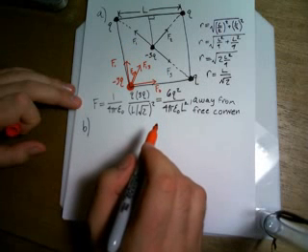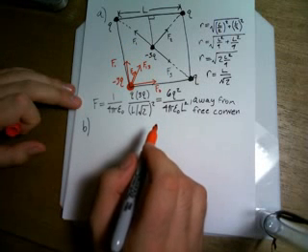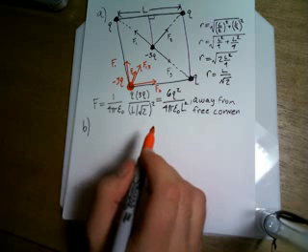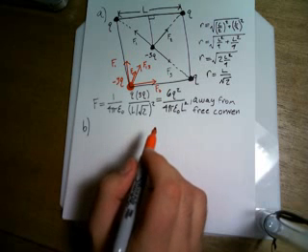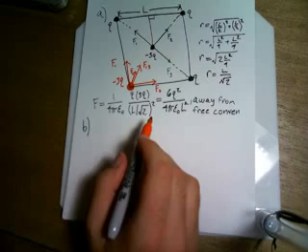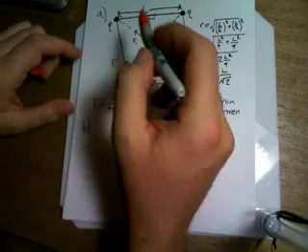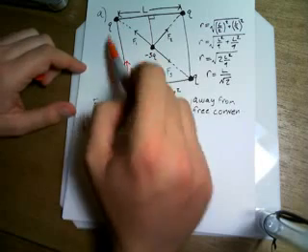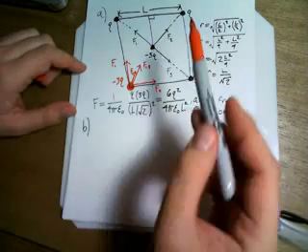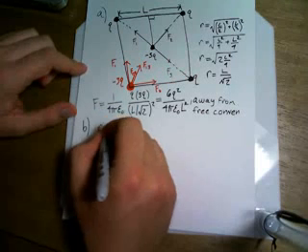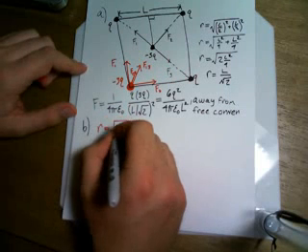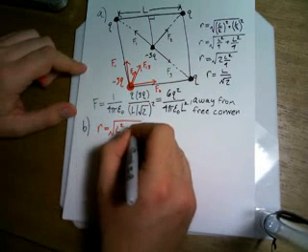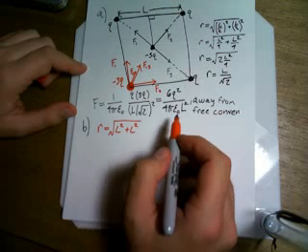So we need to find the radius of this, and the radius should be pretty simple to figure out. You can do L squared plus L squared, so you'll get 2L squared, because the length is L and we've got a right angle here. So the radius is going to be the square root of L squared plus L squared.